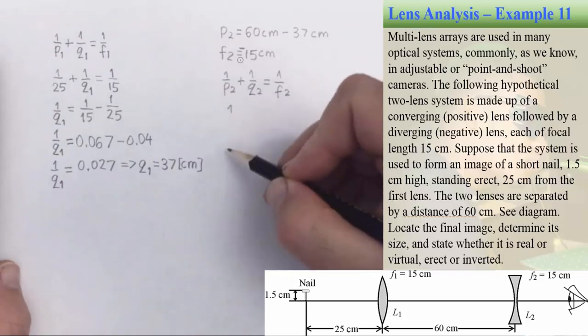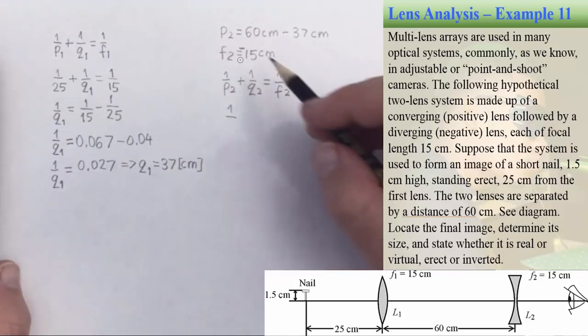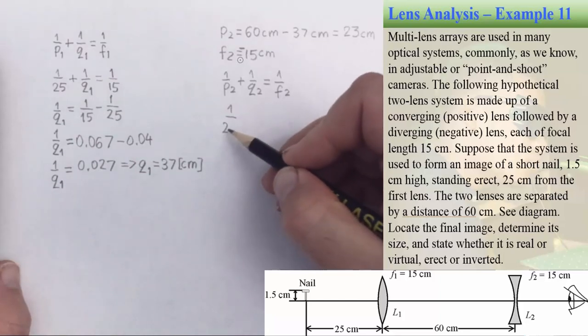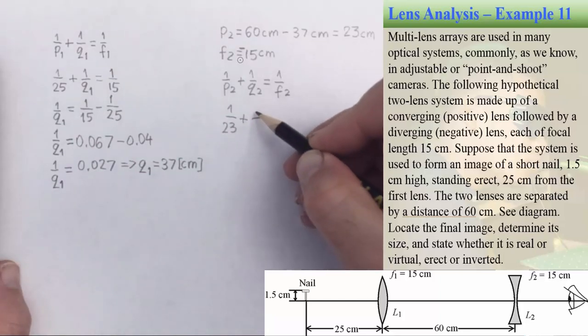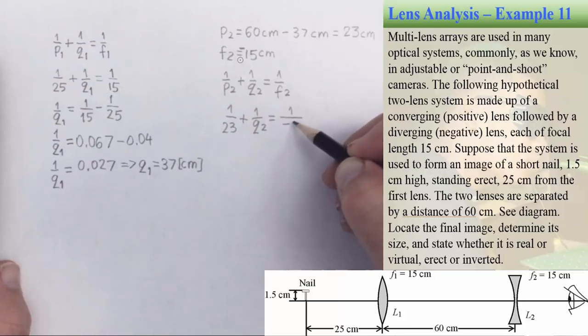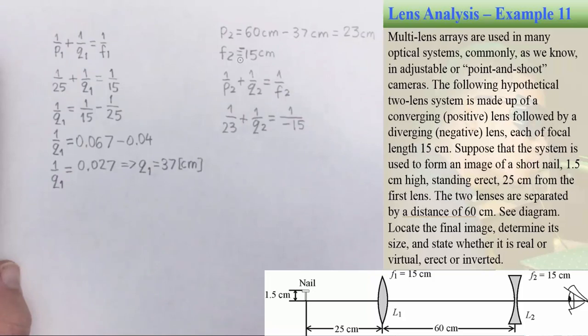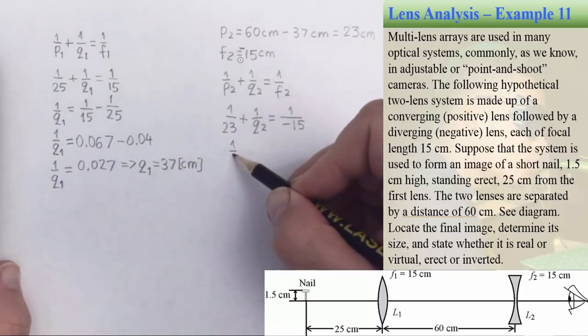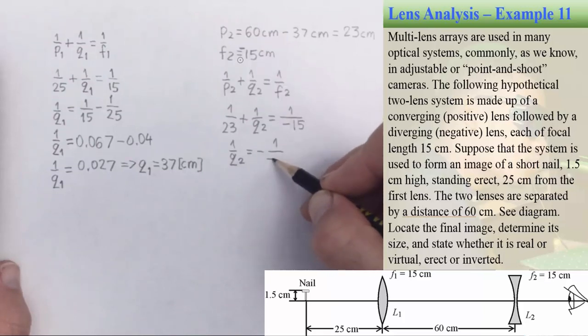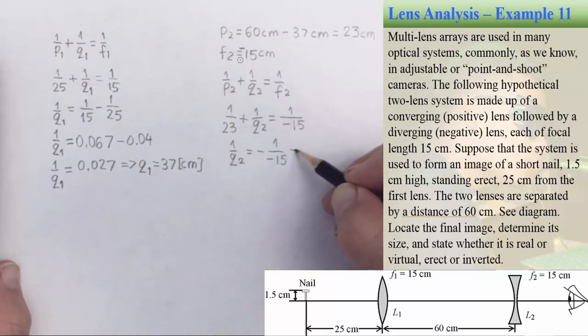We're going to substitute for the P2. The P2 is going to be equal to 23 centimeters. So here we have 1 over 23 centimeters plus 1 over Q2 is equal to 1 over minus 15. And then from here we calculate 1 over Q2 as minus 1 over 15 minus 1 over 23.